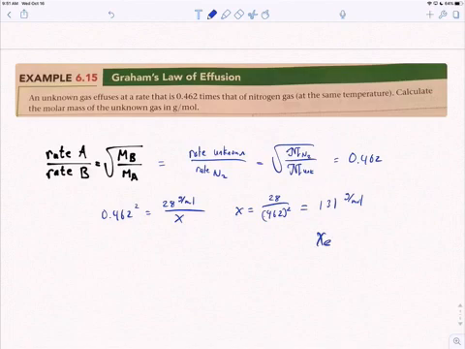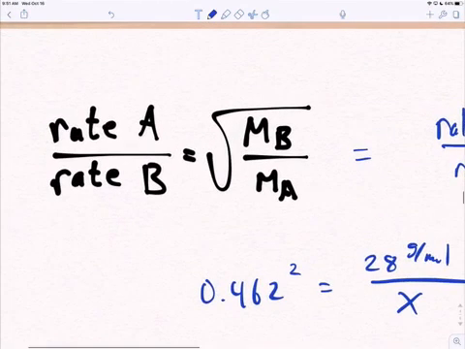So yes, you can use this to figure out unknowns, but the more important application for this is nuclear enrichment. Did I go too fast? What is that formula with 0.462 squared equals 28 grams per mole? So, rate of A over rate of B, this is Graham's law.